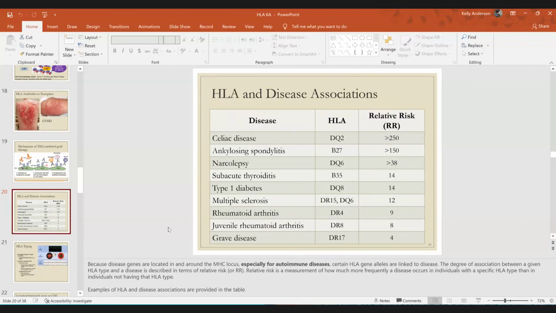Example question, they might give you something like, patient has these symptoms and they had HLA testing performed and they are positive for B27. What could the disease be? And then you would answer ankylosing spondylitis.